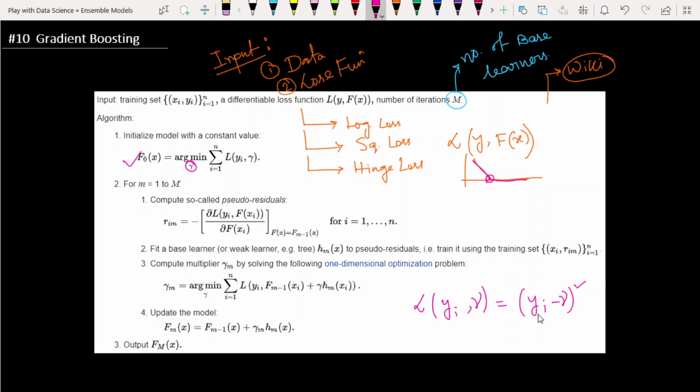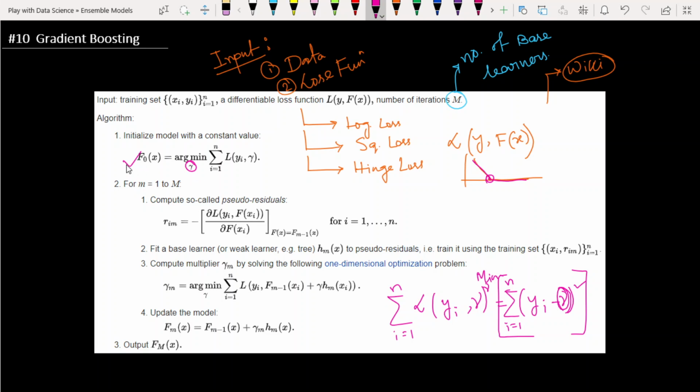Now we have to take the summation over i equals 1 to n, and we have to minimize this overall function. We need the gamma value that minimizes this whole function. So that we have to carry out.